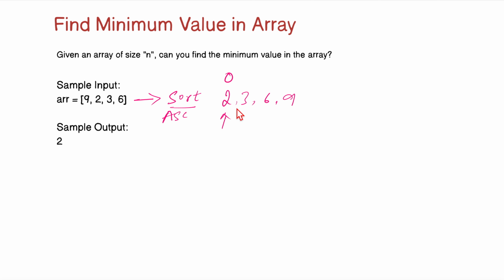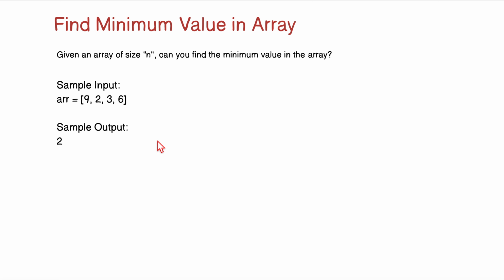The zeroth element will be the lowest element within that array. The time complexity will be worse than the previous approach, because any sorting will take big O of n log n. So this is not a better approach, but we are discussing it just for our knowledge.